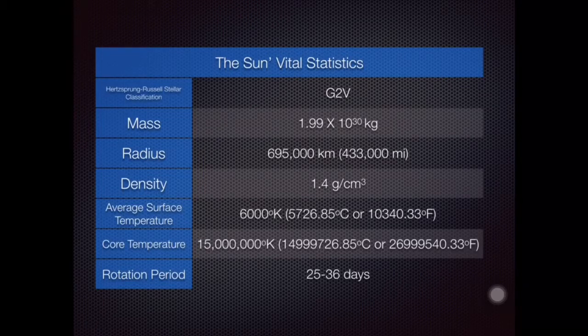The density of the sun is 1.4 grams per centimeter cubed. The average surface temperature of the sun is 6,000 degrees Kelvin. The core temperature of the sun is 15 million degrees Kelvin. The rotation period of the sun varies from 25 to 36 days.